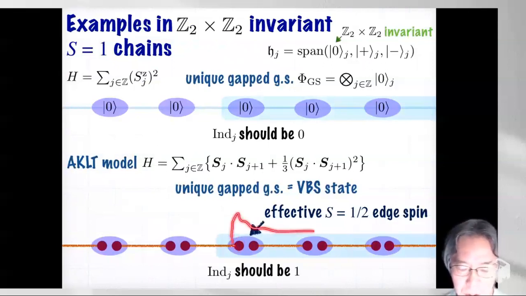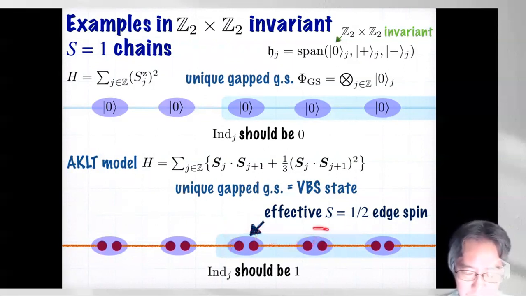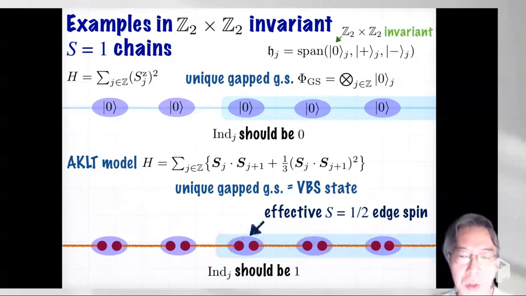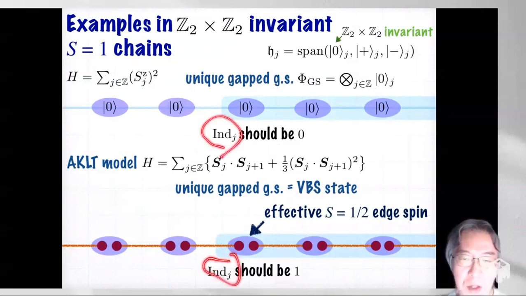It's exponentially localized because of the symmetrization. But anyway, it's sort of localized. So when you examine the transformation property in this half infinite portion of the chain, you should observe the transformation property of a single spin 1/2 again. So in this case, the corresponding index, uppercase index, should be 1. We haven't defined the index yet, but it should be 1 and 0. So this index can distinguish between these two states.